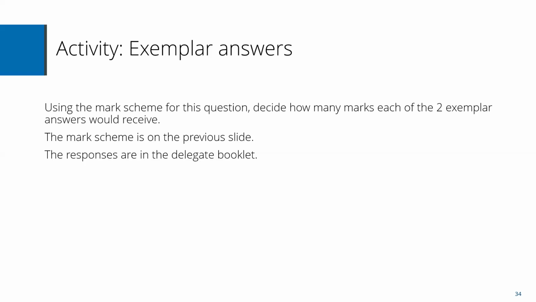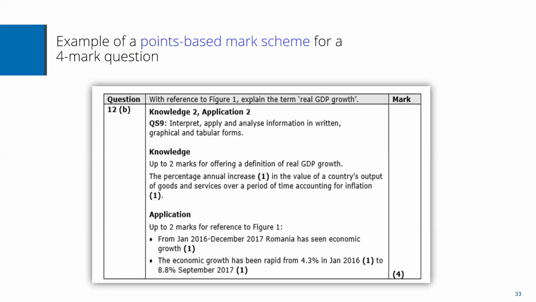And as I go back to that previous slide, it has this question with reference to figure 1, explain the term real GDP growth. And you've got 2 examples. They're only short, but have a look at that and have a think about what marks they might get for AO1 and AO2. We'll just go quiet for a minute while you have a look at that.